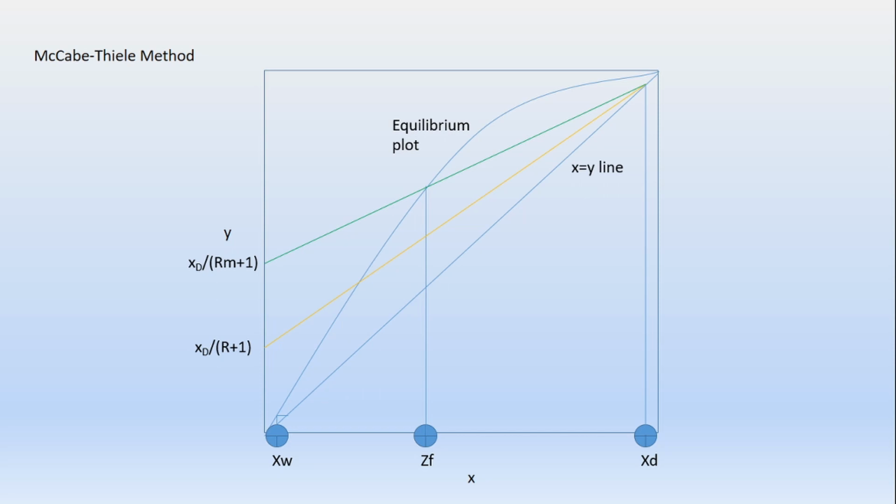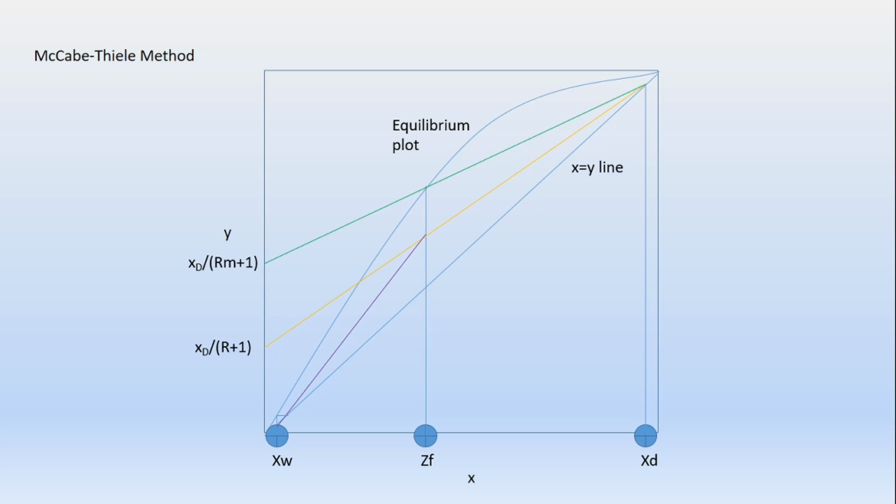So we get the enriching section operating line, and the intersection of the enriching section operating line to the feed line, that point is joined to the XW point on x equal to y line, which is going to give us the stripping section operating line.